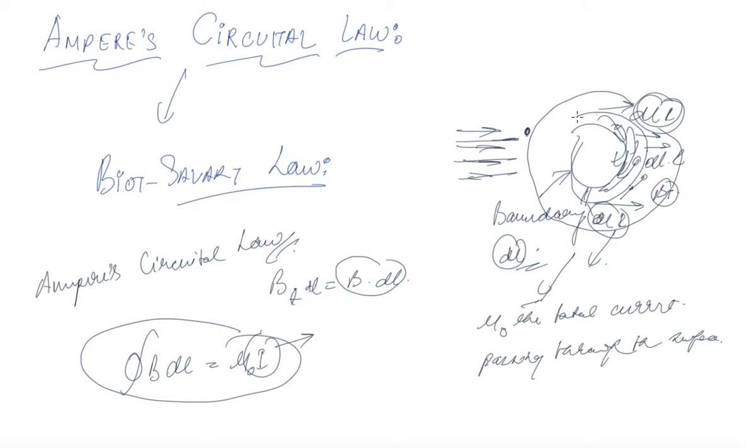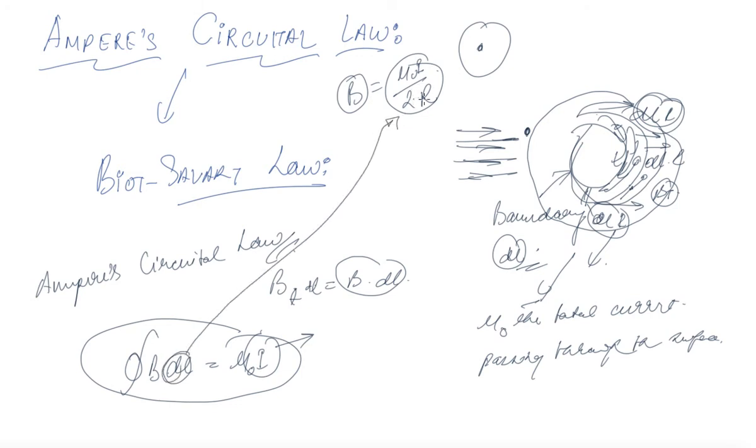So we are always taking a closed loop, and in our previous discussion we had B is equal to mu naught I upon twice R. So this was my B, and this can be regarded as dl. Integration of dl is twice R. So we can compare this particular result with this particular result.